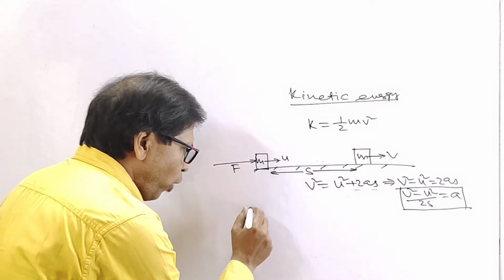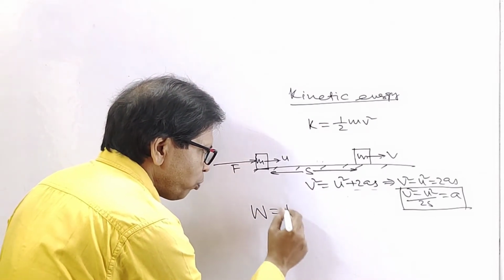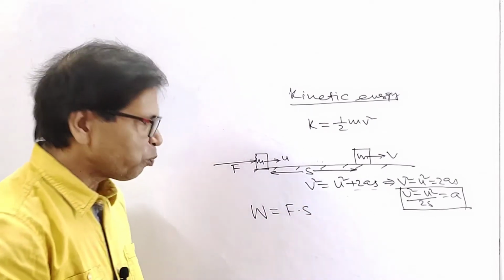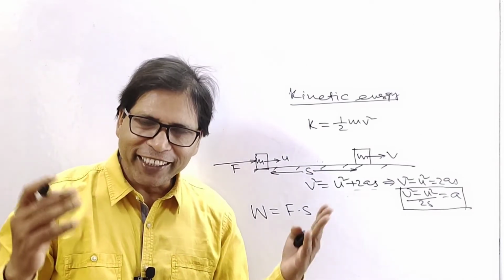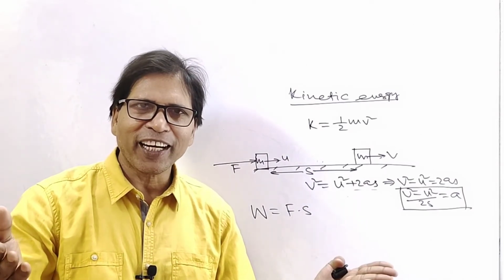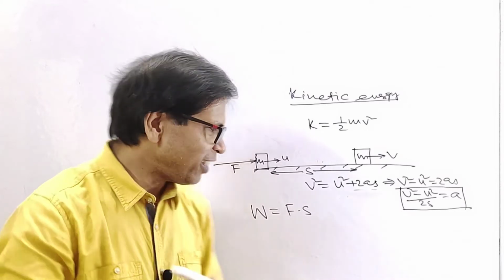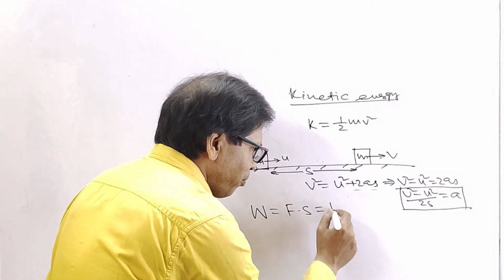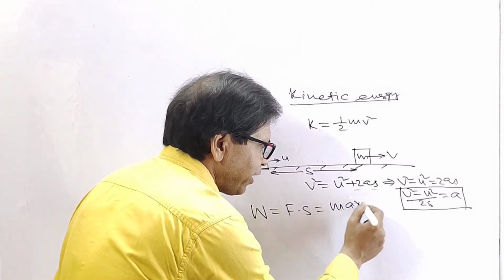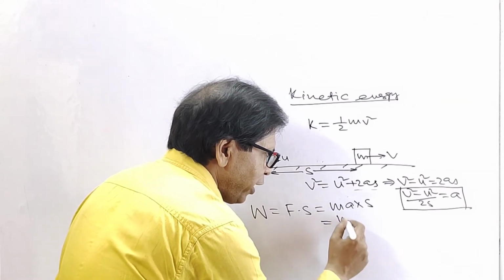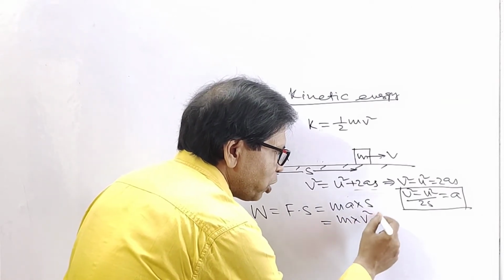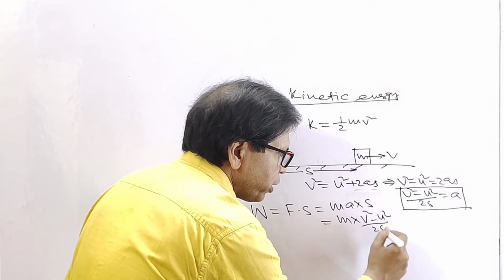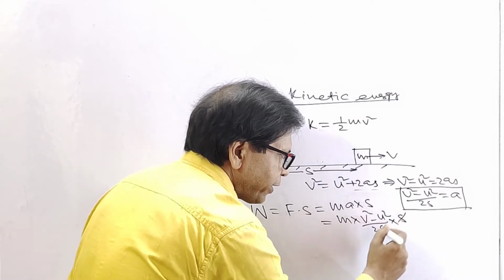Work done by the force is the force into displacement. Now force, from Newton's second law of motion, force equals mass into acceleration. Here mass into acceleration, and this is the s. Now this is the m. What is the a? a is (v square minus u square) by 2s, into s. s cancels out.